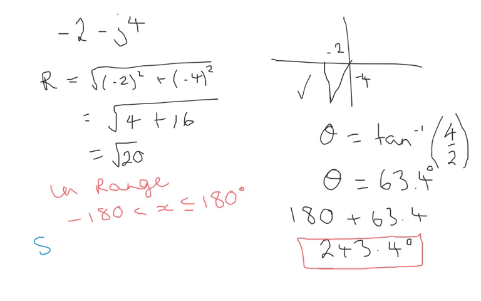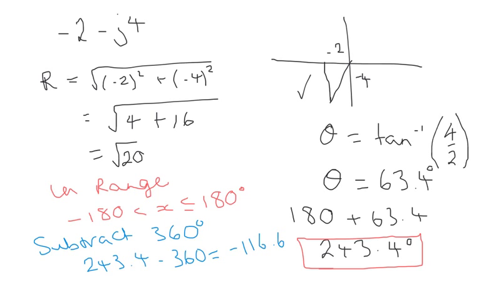So write a note, subtract 360 degrees to get it back in range. 243.4 subtract 360 is -116.6 degrees. So this is the angle we use to finish.